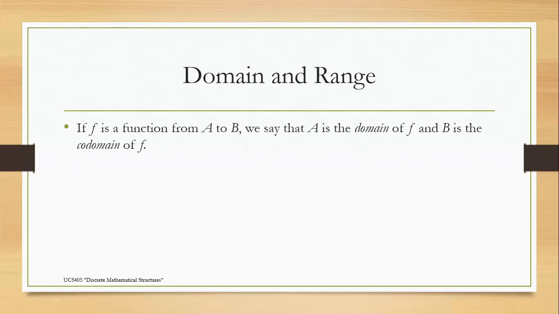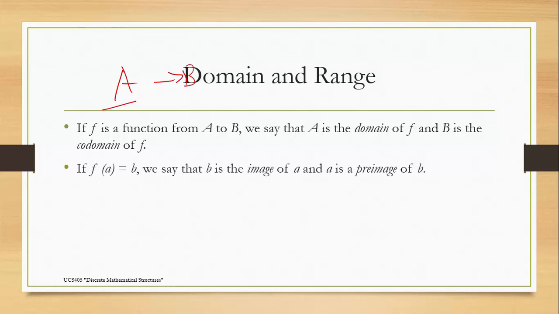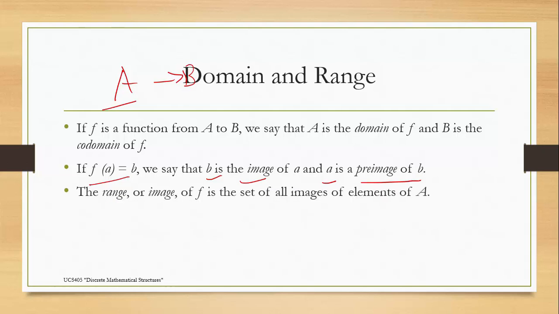When we have a function f from set A to set B, then A is the domain of the function and B is the codomain of the function. If we write f(a) = b, then we can say that b is the image of a and a is the pre-image of b. Talking about the range of the function, the range is the set of all images of elements of A.